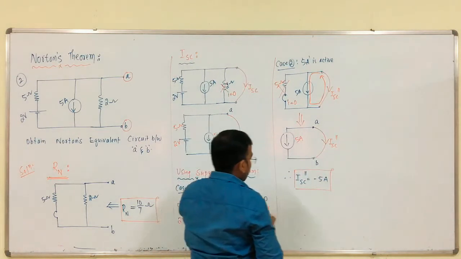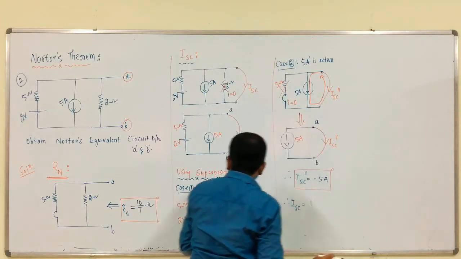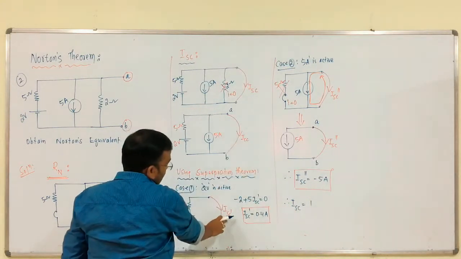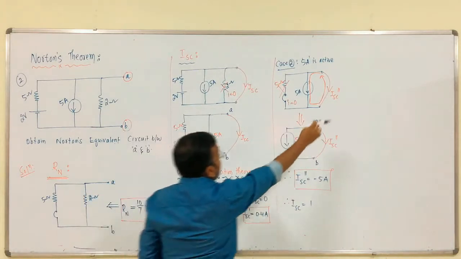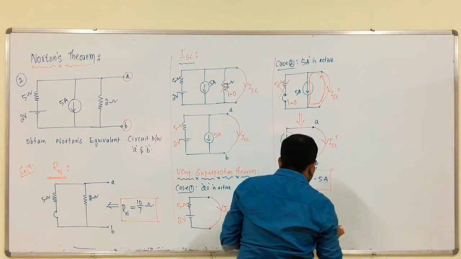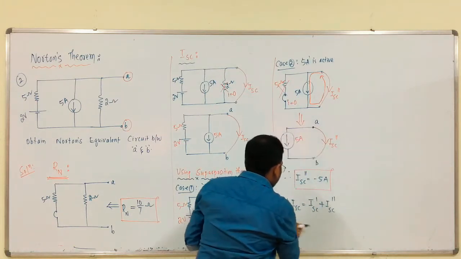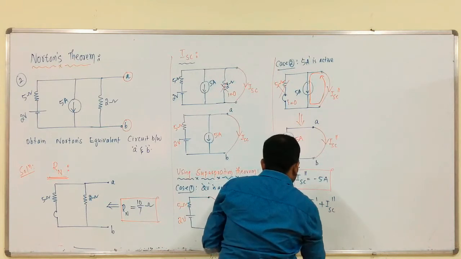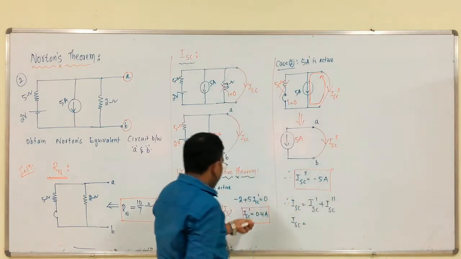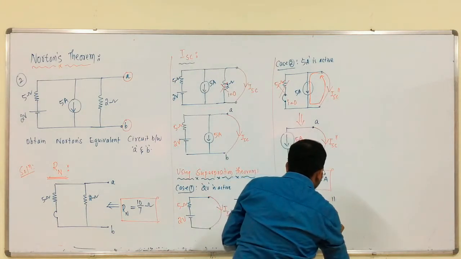Therefore, ISC equals what? See, the current direction of ISC dash is downwards, and ISC double dash is downwards. All are in the same direction, therefore addition takes place. ISC dash is 0.4, and now the other is minus 5.